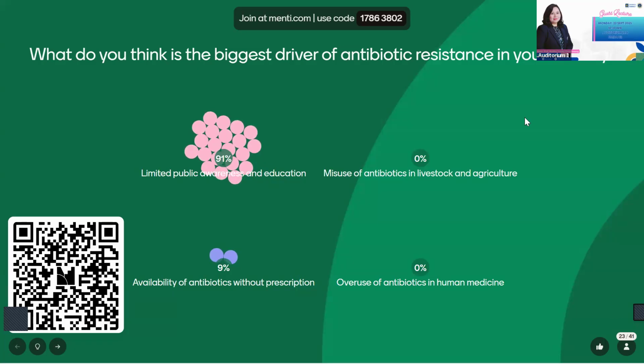And there's some availability of antibiotics without prescription. I'm still waiting until I get 42 people here. Okay, we're getting more.